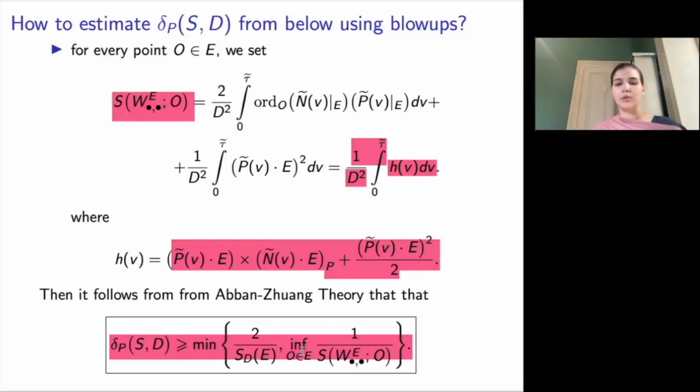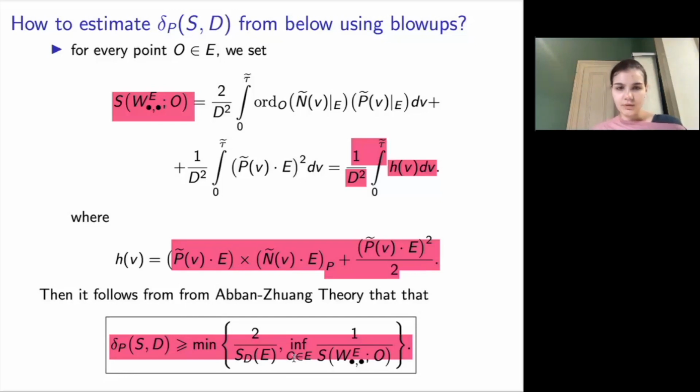Remember that before we didn't have an infimum here because it was just one point P. But now we're interested in the infimum for all points O which lie above our point P. So here the divisor E contains exactly all those points which map to point P. So we need to consider all points O which belong to this divisor.